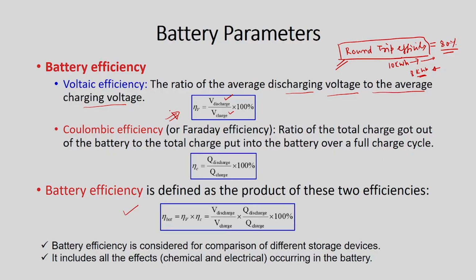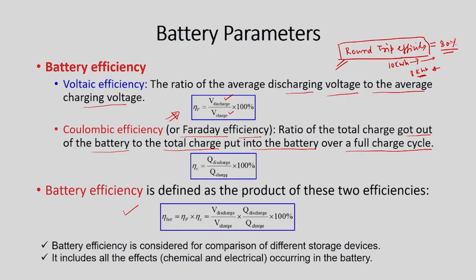The second efficiency is Coulombic efficiency, also known as Faraday efficiency, which is the ratio of the total charge got out of the battery to the total charge put into the battery over a full charge cycle. This is defined as Q discharge by Q charge. If we combine both efficiencies, by multiplying these two, we will have the battery efficiency.